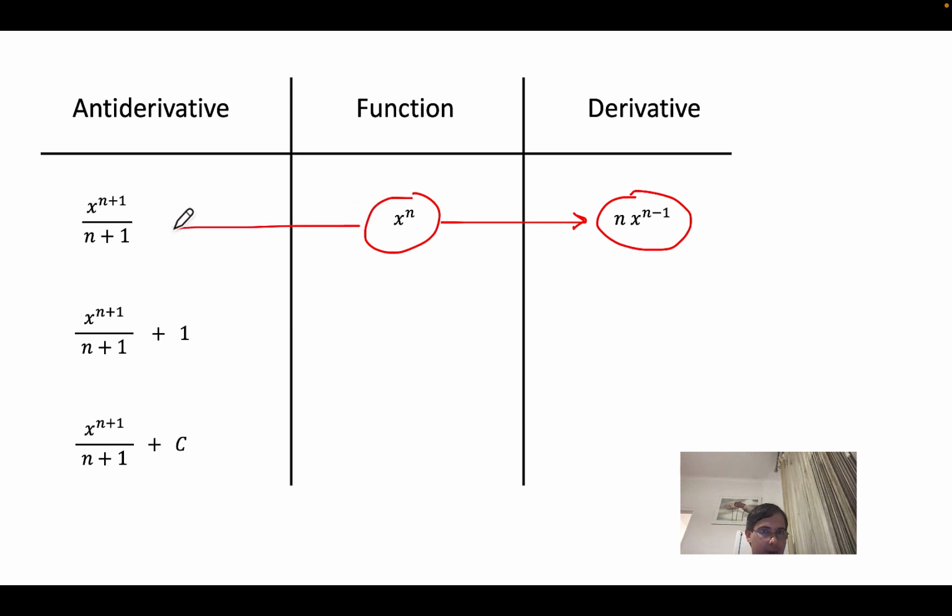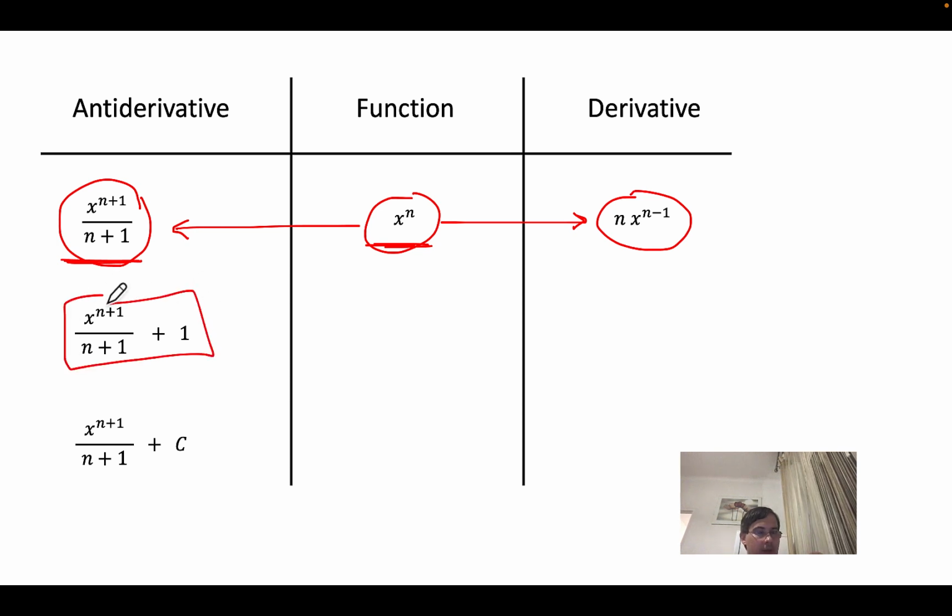So an antiderivative of this function is going to be any differentiable function with this property that its derivative is exactly the function x to the n. Using the power rule, we can check that if you compute the derivative of this function, that will give you exactly x to the n, and so this is an antiderivative of this function x to the n. And again, like in the previous example, I can add 1 to this function.